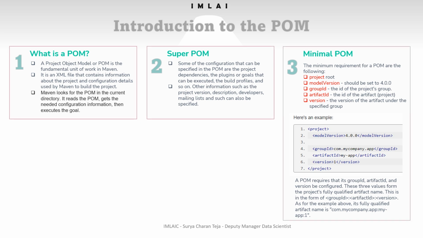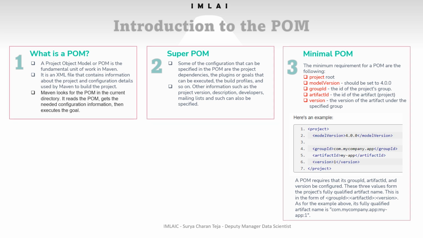If you build your project using the minimal POM, it would inherit the repositories configuration in the super POM. Therefore, when Maven sees the dependencies in the minimal POM, it would know that these dependencies will be downloaded from the Maven repository, which can be specified in the super POM.